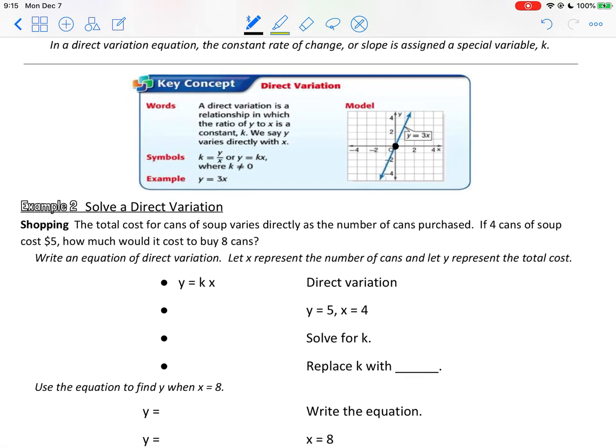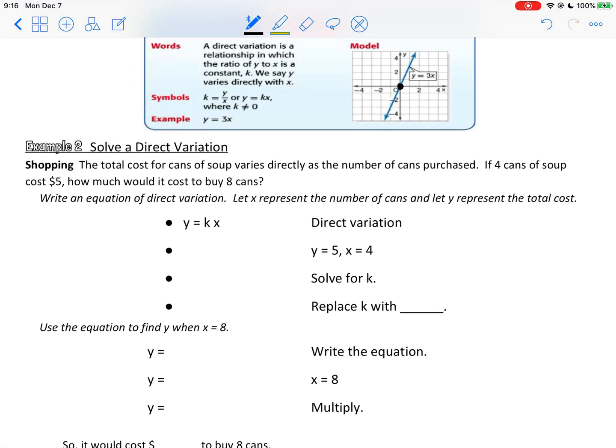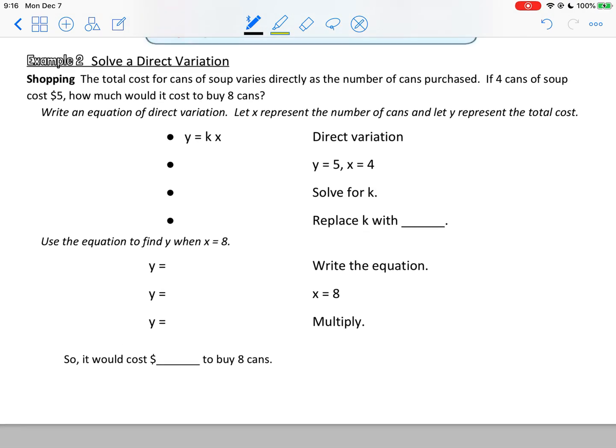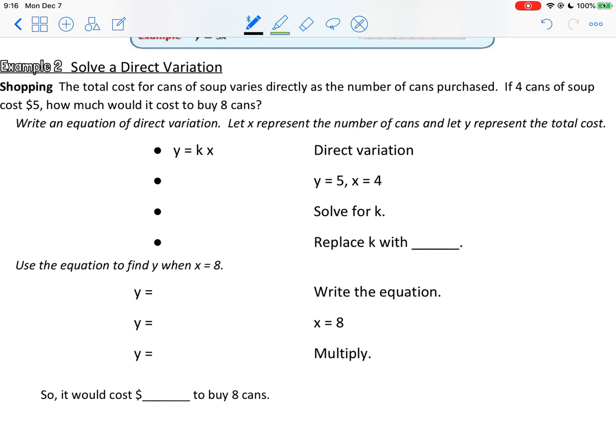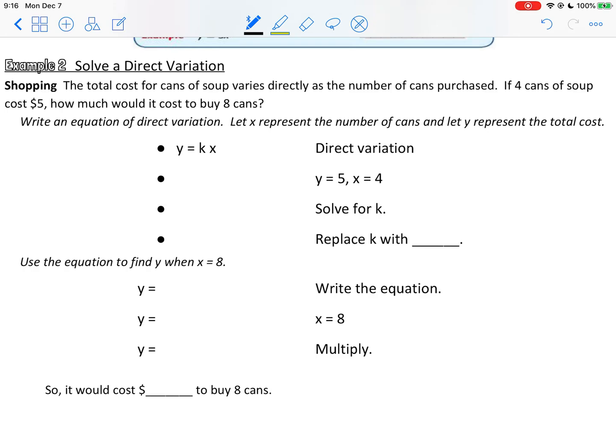So what we're going to look for now is how to use these equations to solve. Sometimes a question is going to give us a particular situation, like one piece of information that goes together, so that we can find that constant of variation, and then we're going to apply that to another situation.